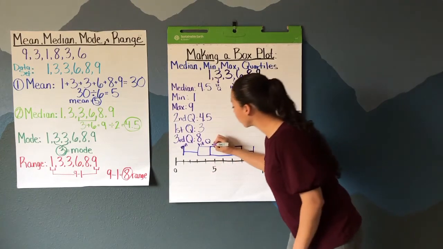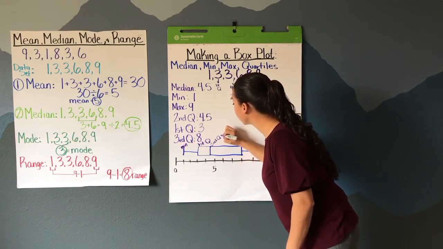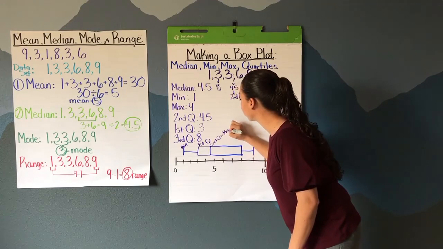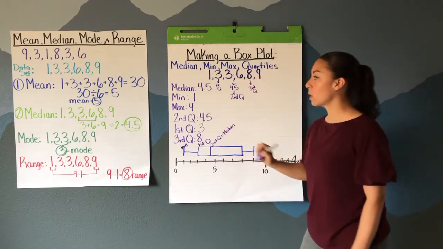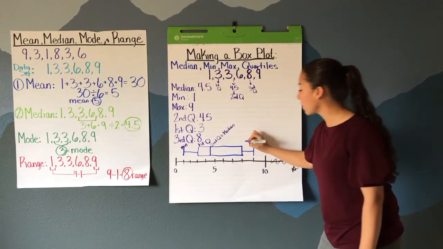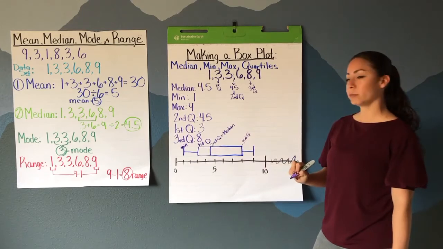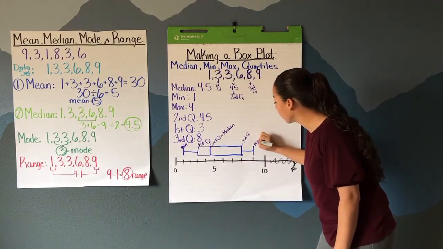This is your second quartile, and I'm also going to write equals your median, because we know that the second quartile and the median are the same number. Then we have this last part here, which is your third quartile. So I'm just going to put third Q. And then you have your maximum.